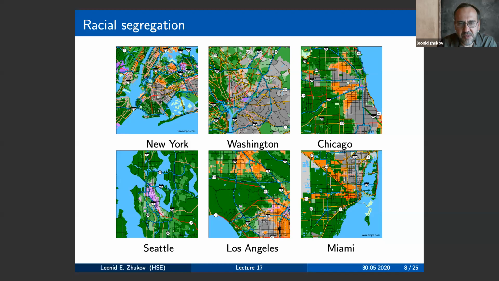Then there is a huge Latino population. Then there is a Chinatown here, and then again rich white guys. Seattle also has lots of Asians living right here in a big enclave. Miami, again, you can clearly see rich, Latino, black. Chicago, the same situation. Washington is heavily black. New York, well, Russians live here. So there's Manhattan, the mixed, and this is Upper Manhattan, this is Harlem here. And this is rich Manhattan.